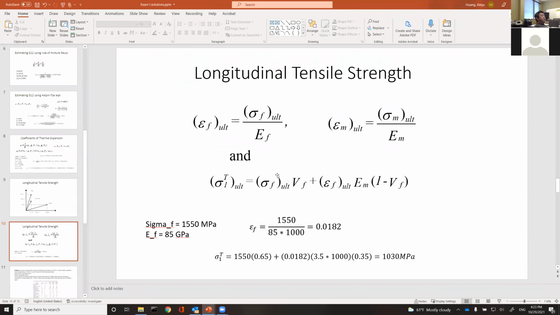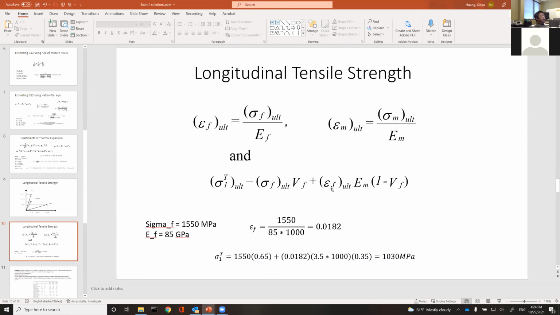So here I use megapascal for everything, so my result should be in megapascal. So my EM is also, see here I convert to megapascal. It's 3.5 gigapascal. I multiply by 1,000 so that the EM is in megapascal to be compatible with the megapascal here. Okay.